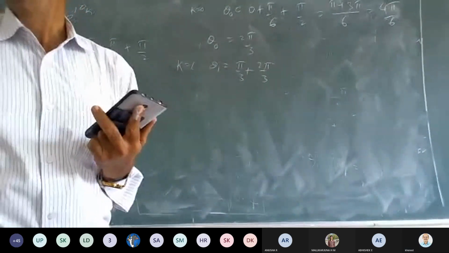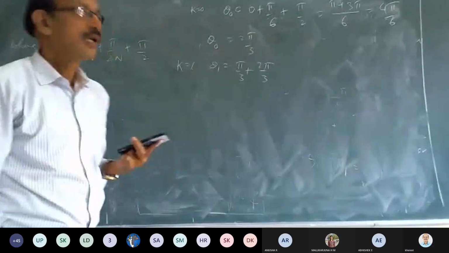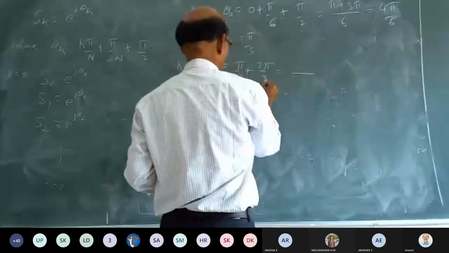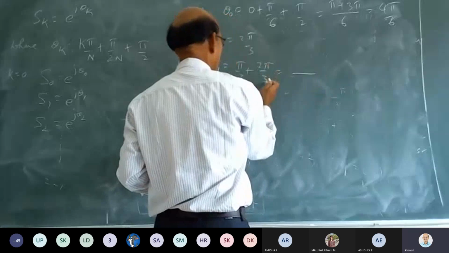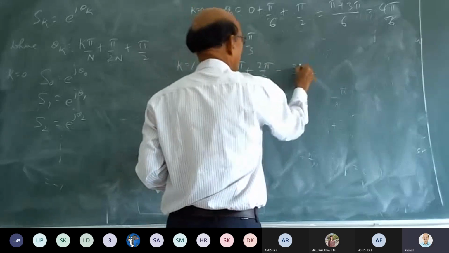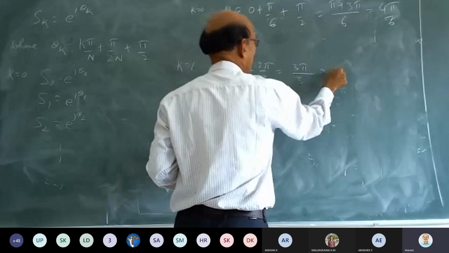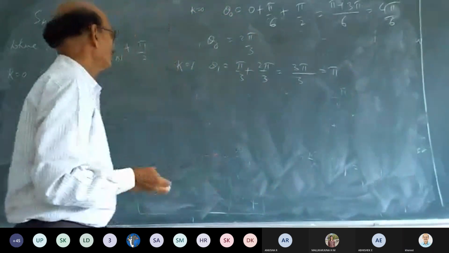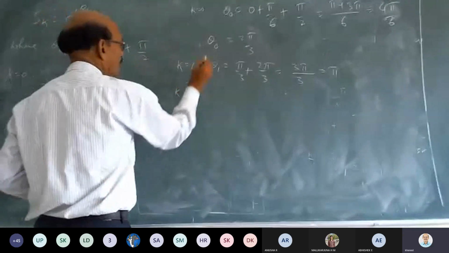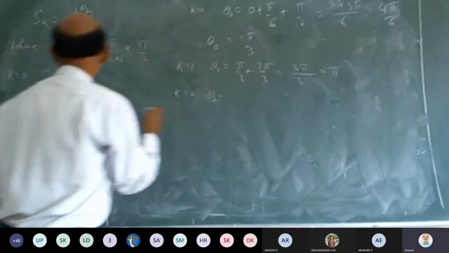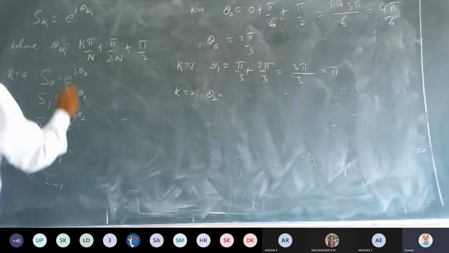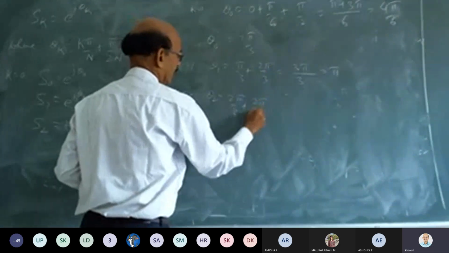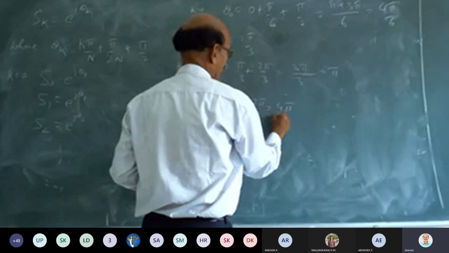Now pi by 3 plus 2 pi by 3 means it is 3 pi by 3, or simply pi. Now for k equal to 2, theta 2 would be pi plus 2 pi by 3, which is 4 pi by 3.